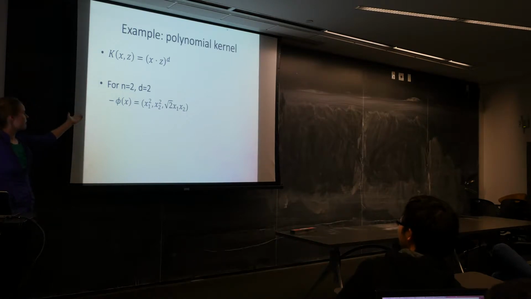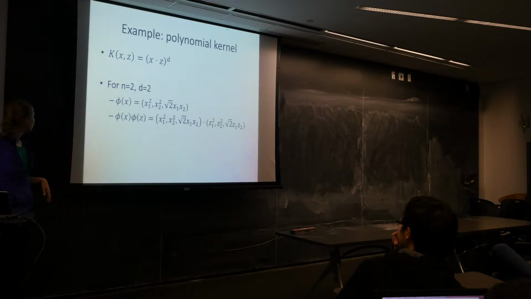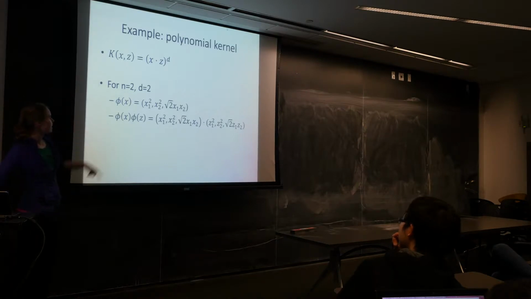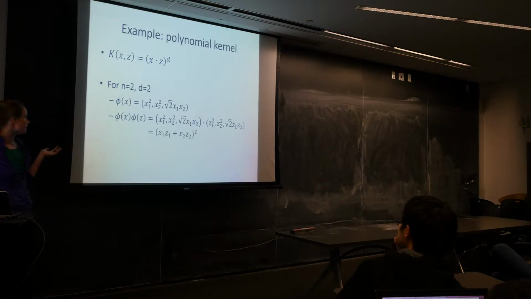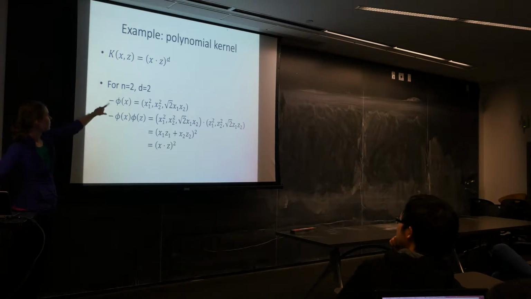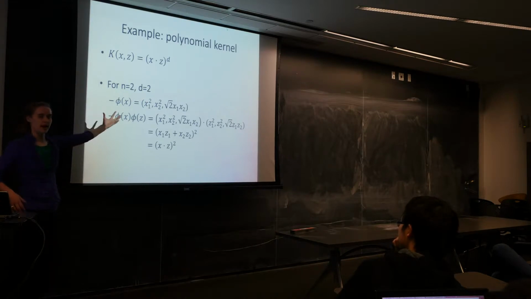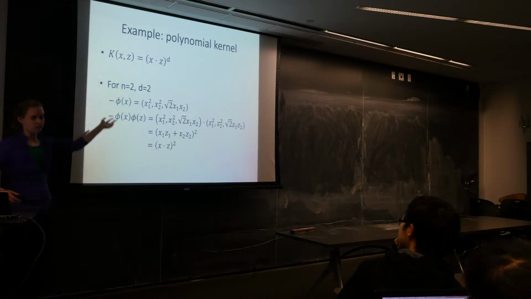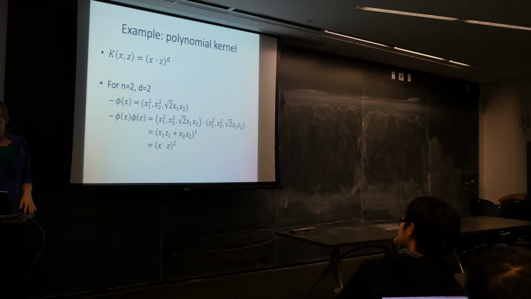Then the implicit mapping goes from R2 to R3, where the first dimension in your phi space is x1 squared, then x2 squared, and then square root of 2 times x1 x2. You can see that when you take a dot product between phi of x and phi of z, you end up getting the definition of the kernel. So that's an example of the implicit mapping giving rise to your kernel function.